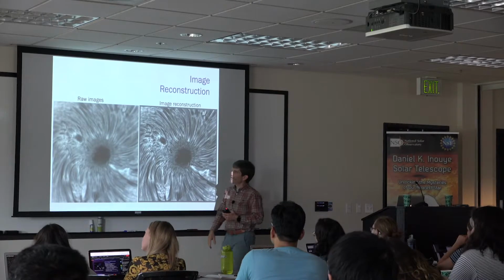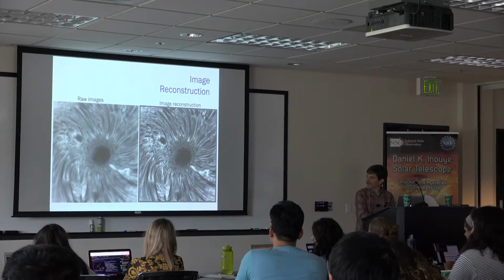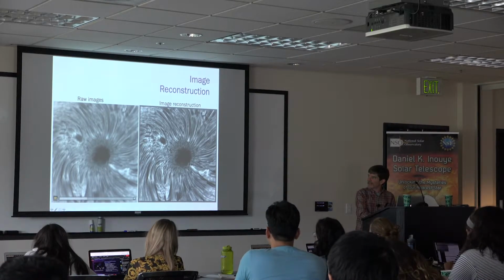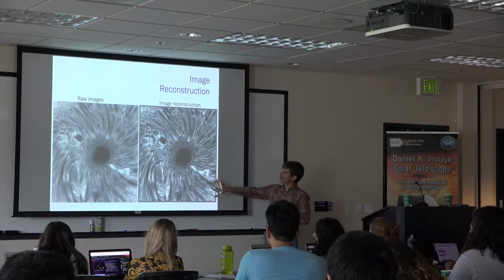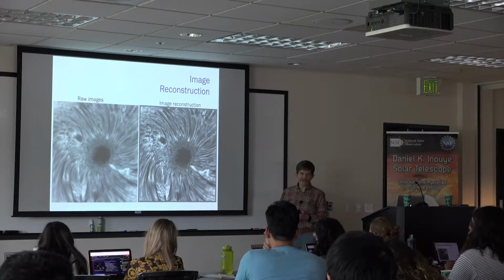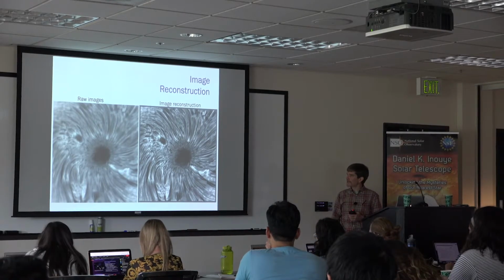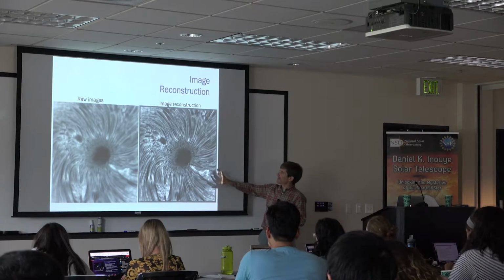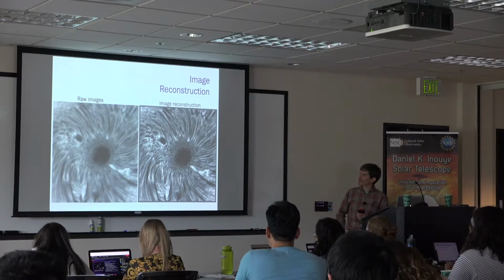So these are the flat fielded instrumental corrected images taken in H-alpha. And you can apply what are called image reconstruction techniques. The two key ones we use are either speckle reconstruction, which uses information on the statistics of the atmosphere and needs a burst of images from 20 to 100 images.